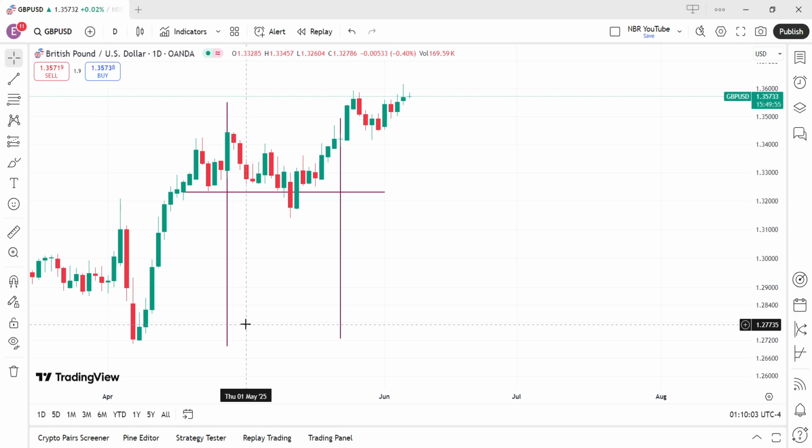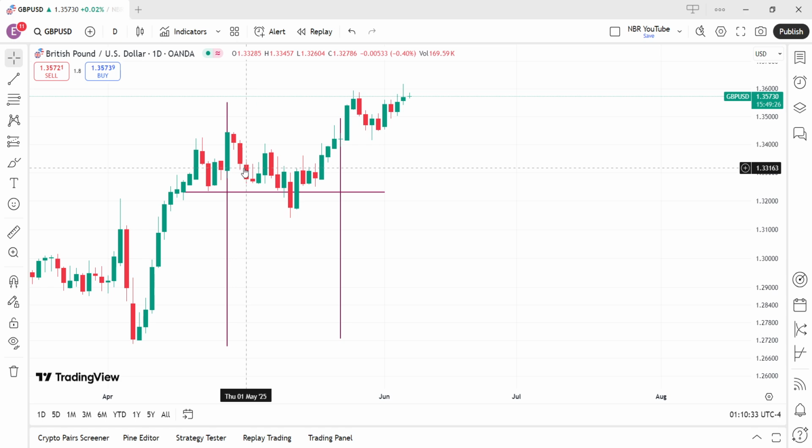Not because I see a bullish move coming or something like that, but because of what happened before. In this case here, this retracement back up, forming a swing high, and then going back down, I can't take the trade.